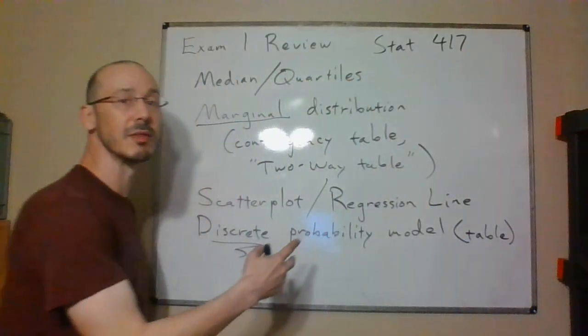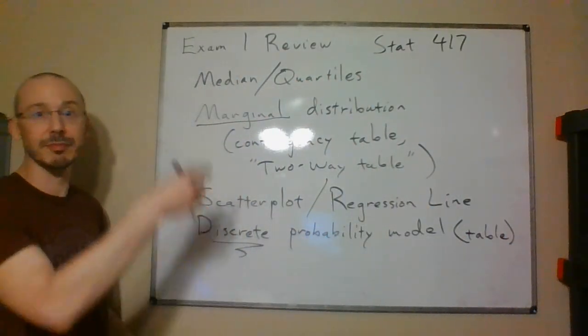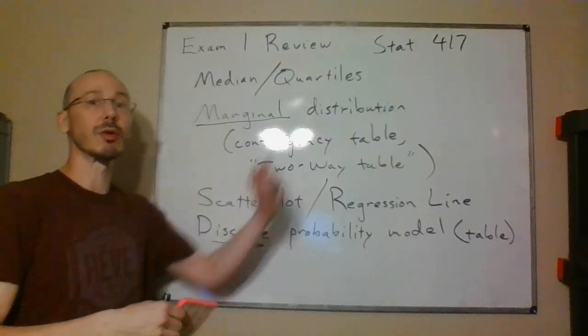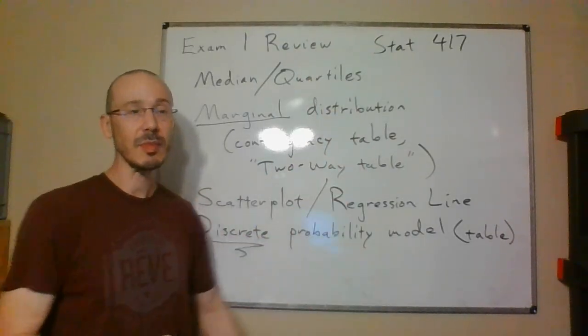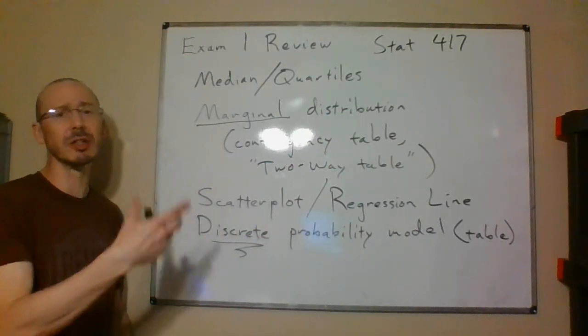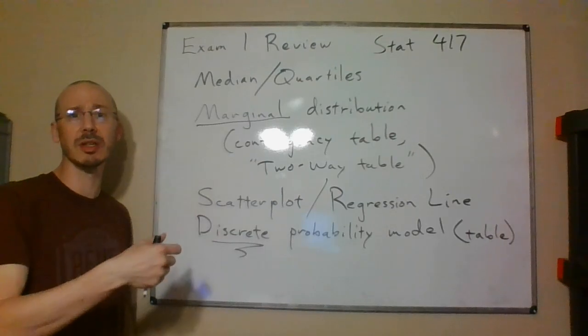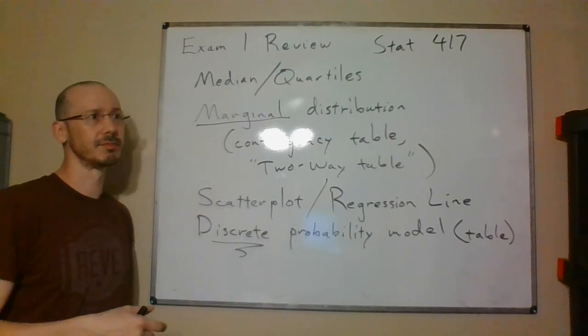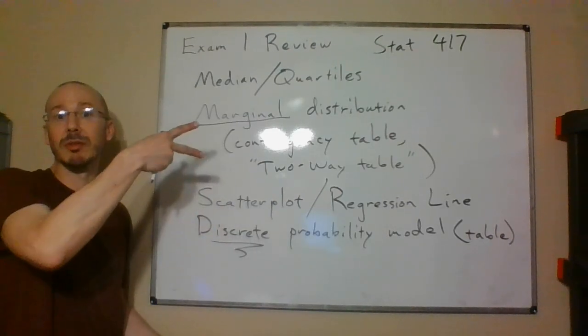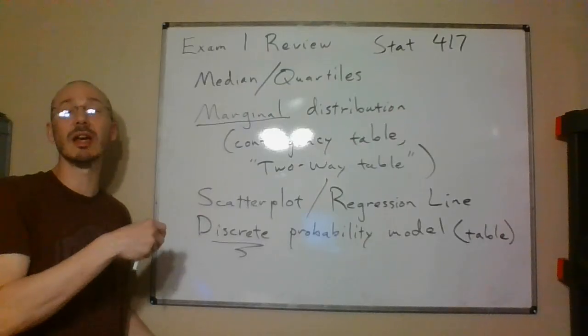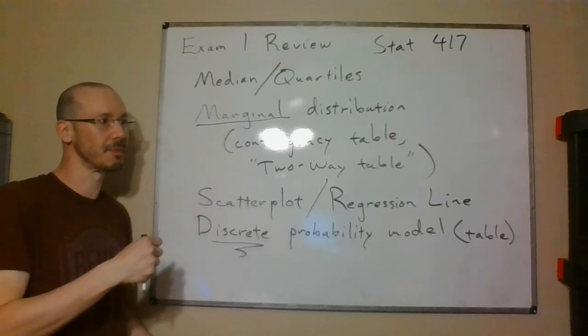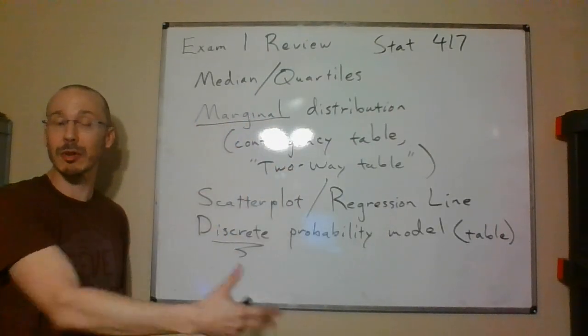And the table gives the outcomes and the corresponding probabilities. We can do things with it, like calculate probabilities of a compound event, more than one of the outcomes. Or we can calculate the expected value, or the mean value.